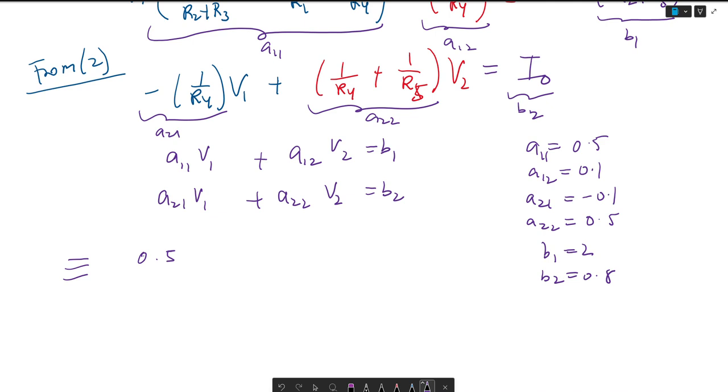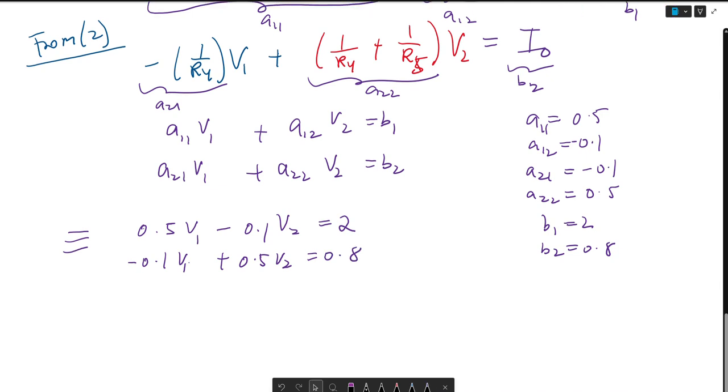0.5 V1 minus 0.1, sorry, this is a negative, 0.1 V2 is equal to 2, and then negative 0.1 V1 plus 0.5 V2 is equal to 0.8.